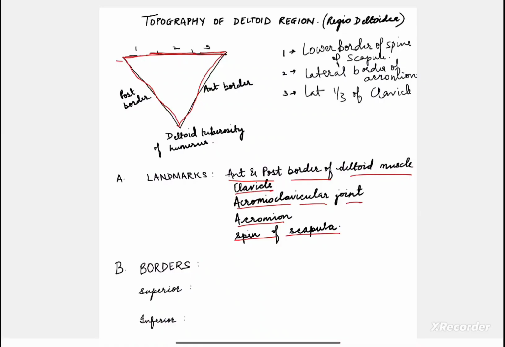You can see here in this triangle, the first part is the lower border of the spine of the scapula, the second is the lateral border of the acromion, and the third is the lateral 1/3 of the clavicle.